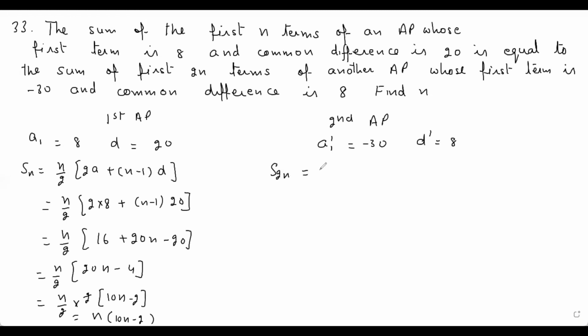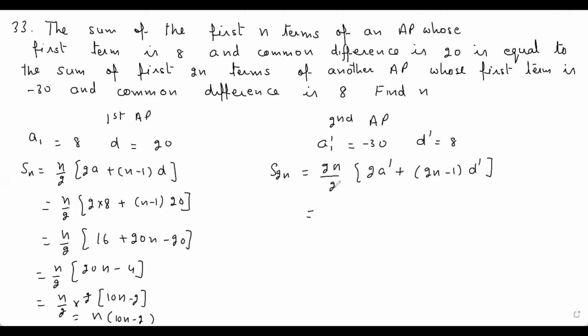The sum of 2n terms, S2n, is equal to 2n by 2 times (2a dash plus (2n minus 1) d dash).